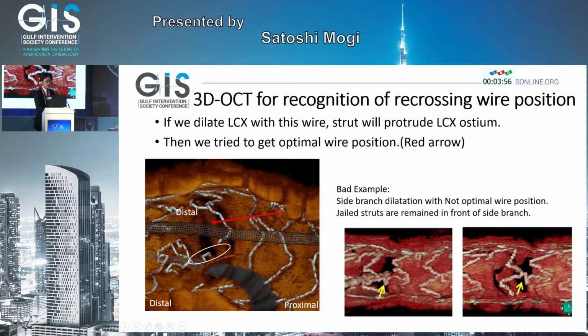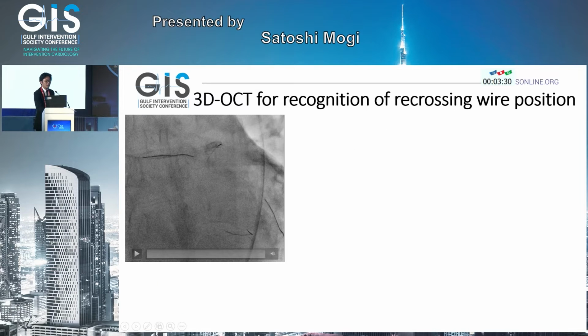If we dilate the circumflex with this wire, this metal is going to protrude. So we try to get this cell. If we dilate the circumflex with a badly positioned wire, jailed struts remain in front of the side branch. So we recrossed a farther cell.